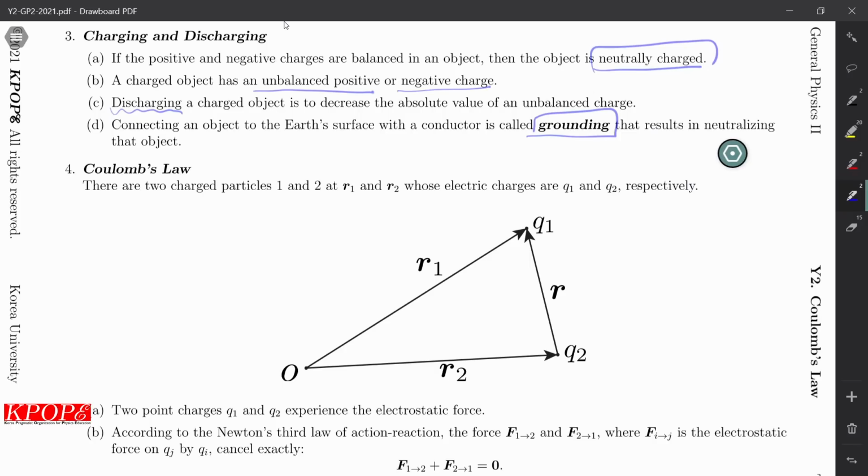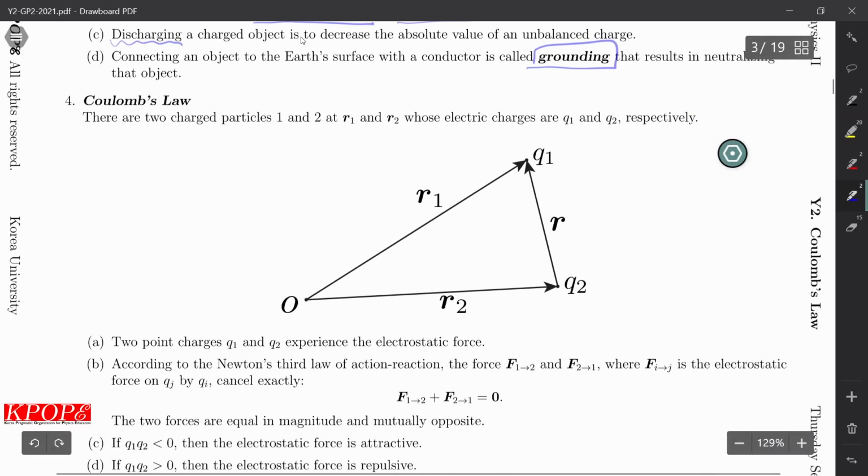Next, we consider Coulomb's law. Basically, Coulomb's law is very similar to gravitational force. First of all, it follows in this way. There is a charge Q1, another charge Q2.